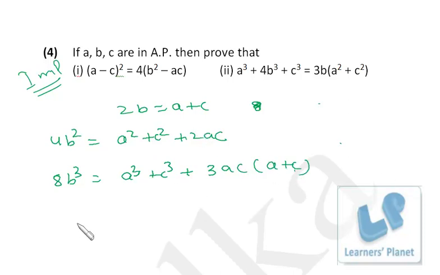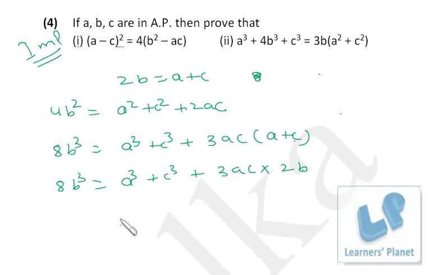So 8B cube is equal to A cube plus C cube plus 3AC into 2B, which is A cube plus C cube plus 2AC into 3B. Now instead of 2AC, I will write 4B square minus A square minus C square.